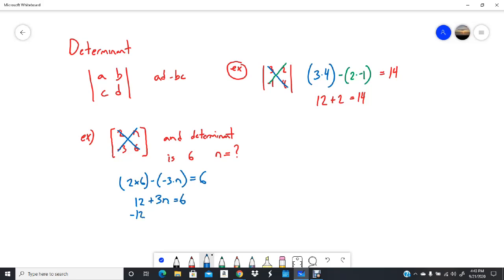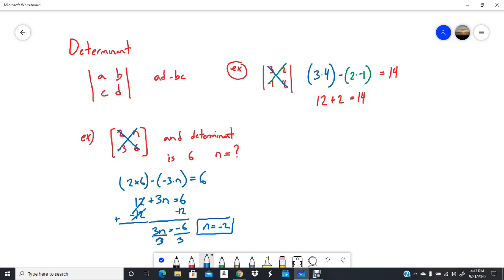Take away the 12 from both sides to isolate the n, to solve for the n. And n equals negative 2. So in order to get a determinant of 6 in this 2 by 2 matrix, n has to be negative 2.